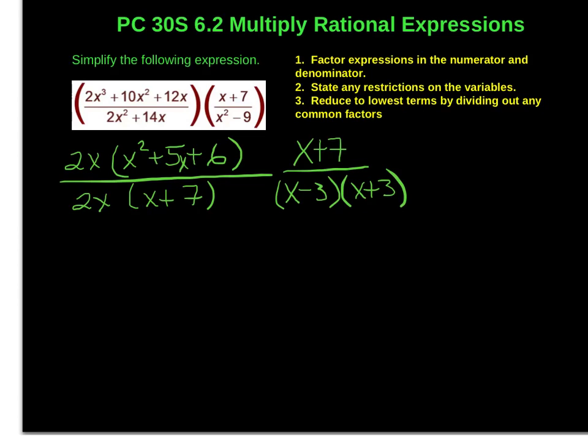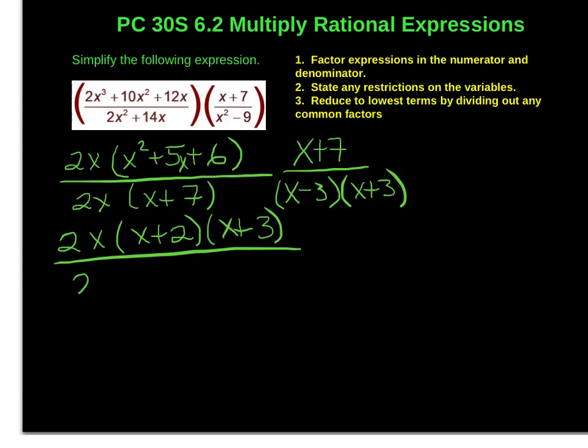Let's continue to factor this out because it can still be factored. Let's do that in our next step here. 2x, and then we've got x plus 2, x plus 3. Divide that all by 2x and x plus 7, and then just rewrite the next rational here.